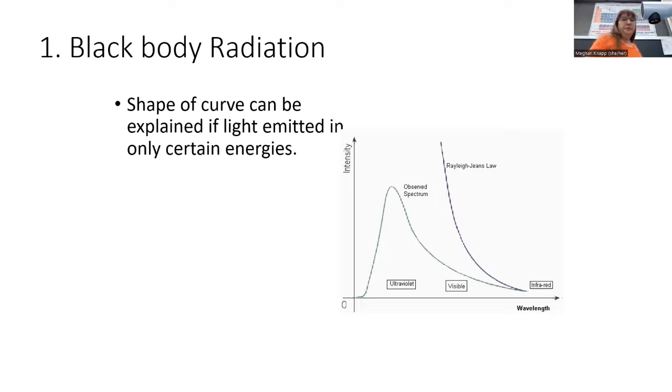That curve just goes up. It never comes back down. But when we have black body radiation, we actually end up with a curve more like the smaller, inner one. The shape of that curve is best explained if light is only emitted in certain energies. How we get from A to B is complicated math that I'm not going to go into.